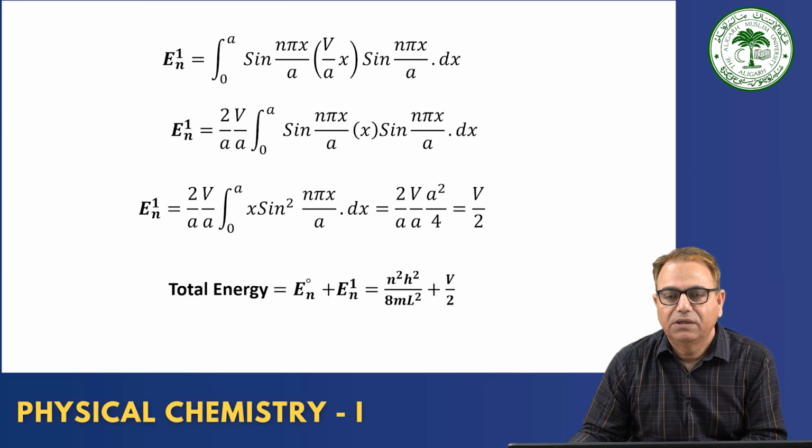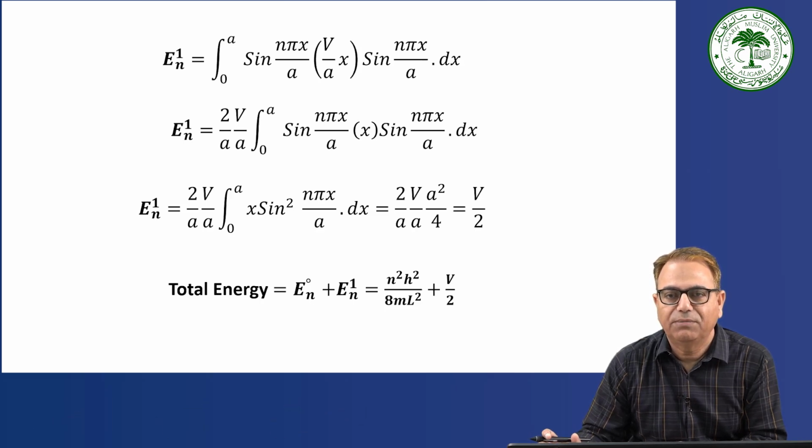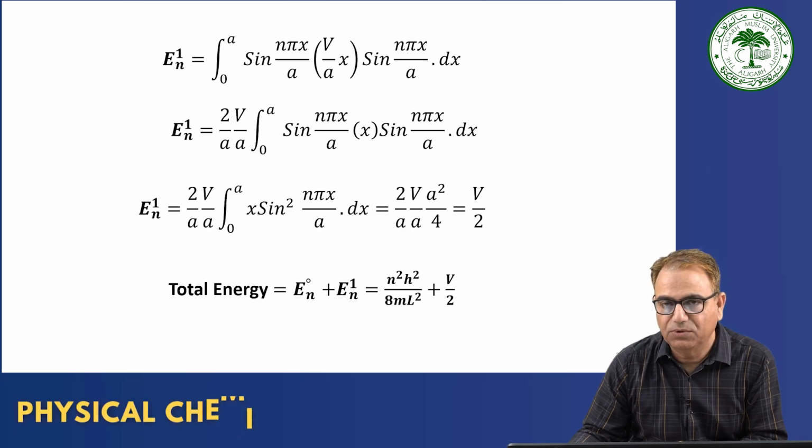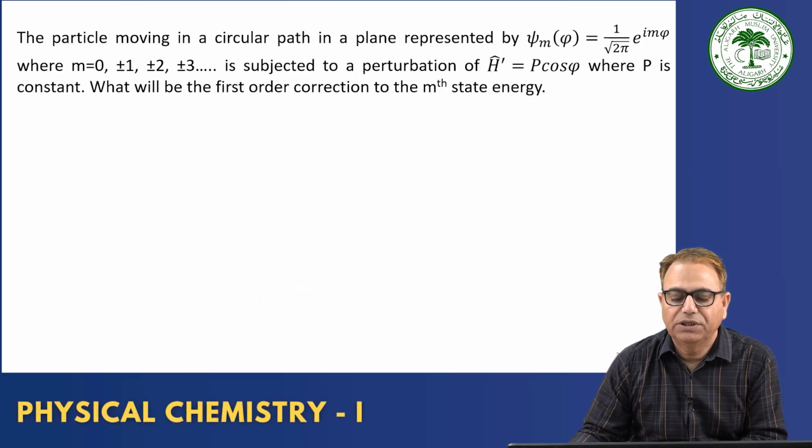We talked about a constant potential applied to half of the length of the box, and then a perturbation which is not constant applied throughout the length of the box. Then how to calculate the perturbation? And I've given you a shortcut method also, which is applied when the perturbation is constant and when the box is unsymmetrical. So that was the last module.